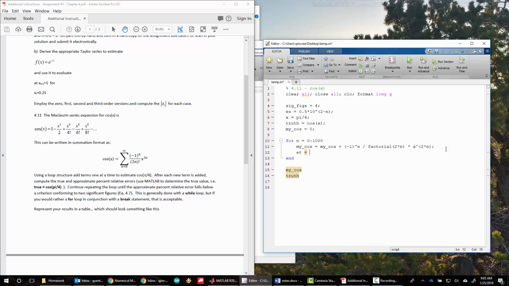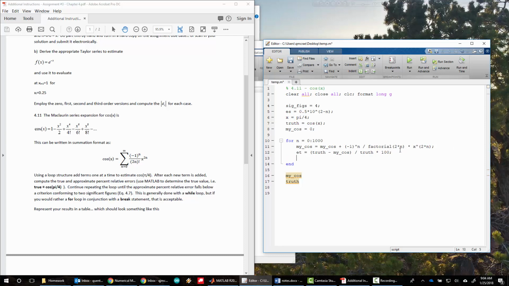And I think maybe it's actually the other way around. Minus my... Turns out I don't care so much because I'm going to take the absolute value of it usually anyways. But that is the true error, but that's what we would call ET. We want little et, so we want the percent error, so we're going to divide by truth times 100. But please be aware of order of operations. Make sure you divide the whole thing by truth, not just the last value.